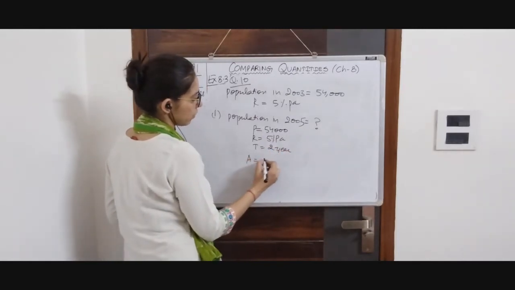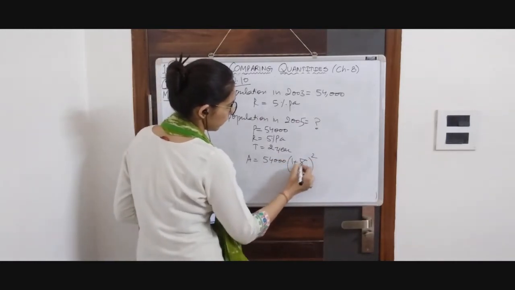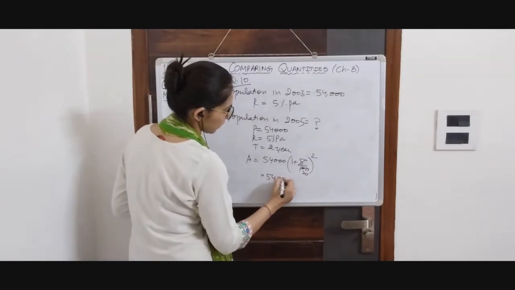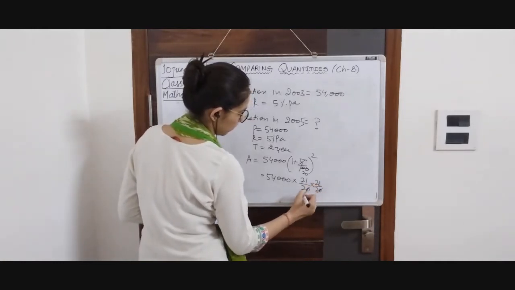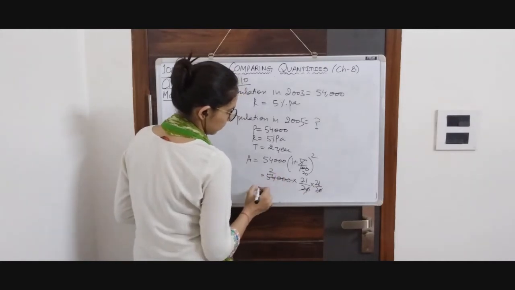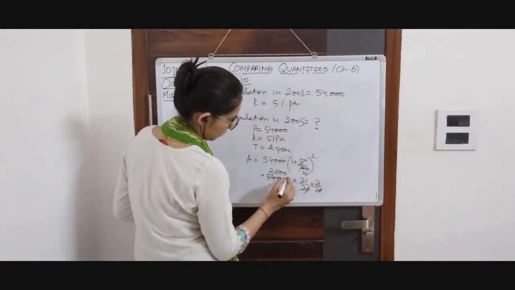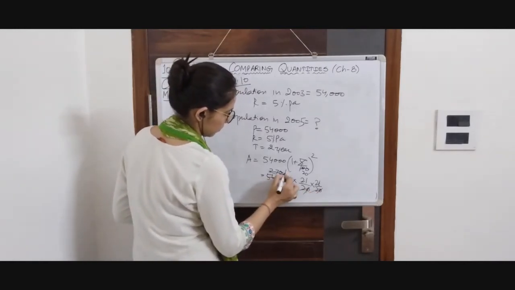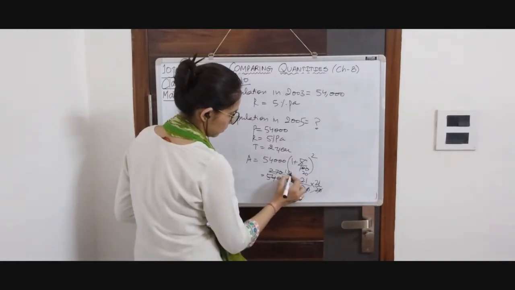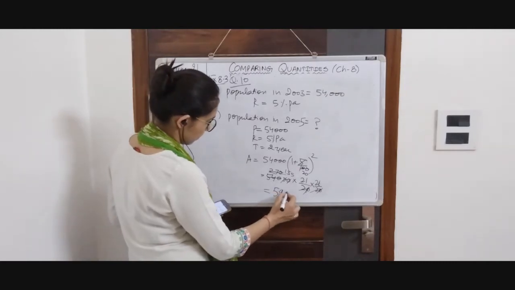We will calculate the amount, which will be equal to P into 1 plus R by 100 to the power T, that is 59535.